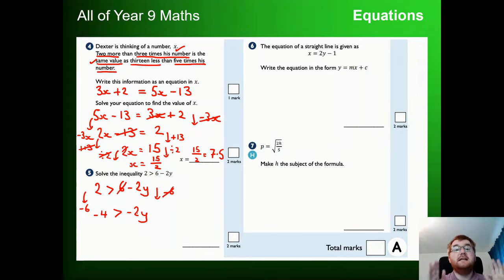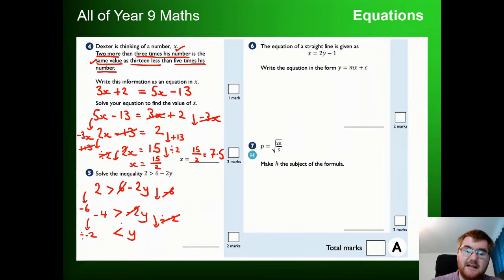Now, this is where the inequality is important, because at this point we are going to divide by negative 2 on both sides, because we want to get rid of the minus 2. So this cancels, leaving us just with y. When you divide or multiply by a negative number, you have to switch the greater than sign to a less than sign.